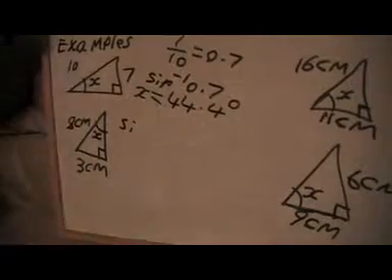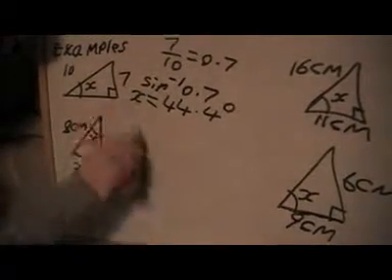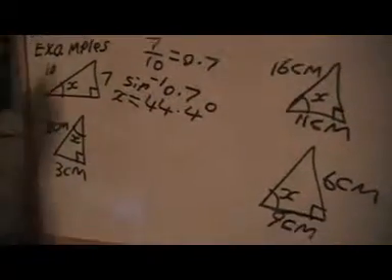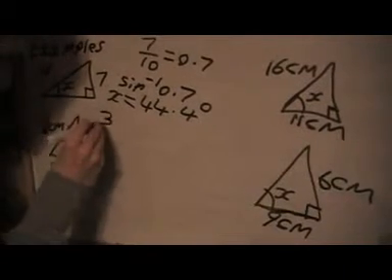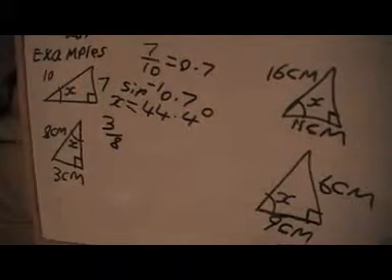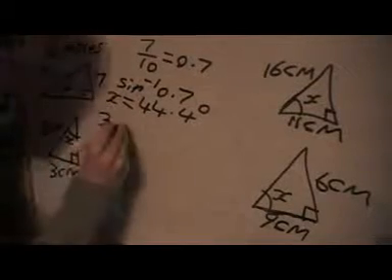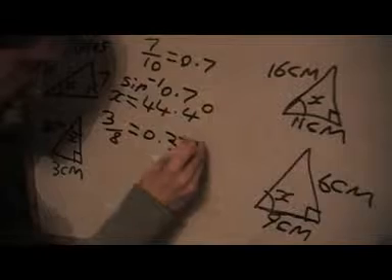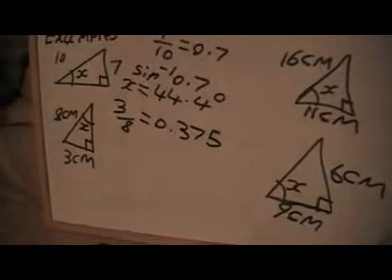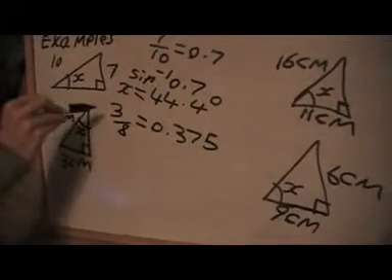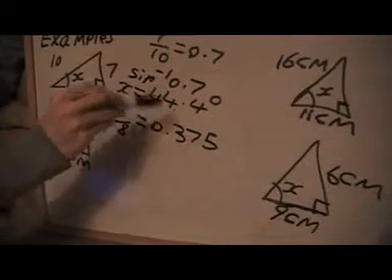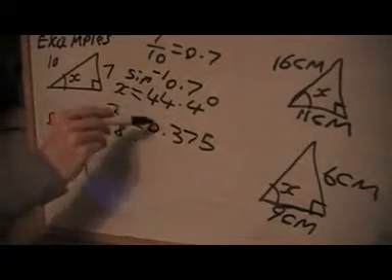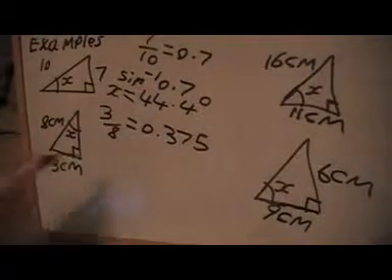So the sine is 3 over 8. If you want to write that as a decimal, it's 0.375, because 1/8 is 0.125, and then when you times that by 3 you get 0.375.